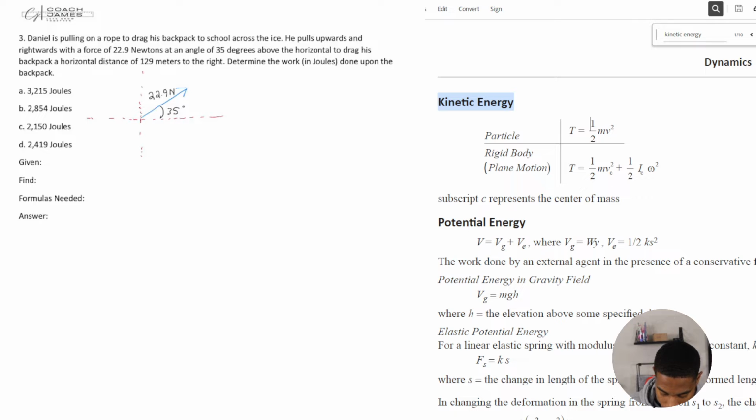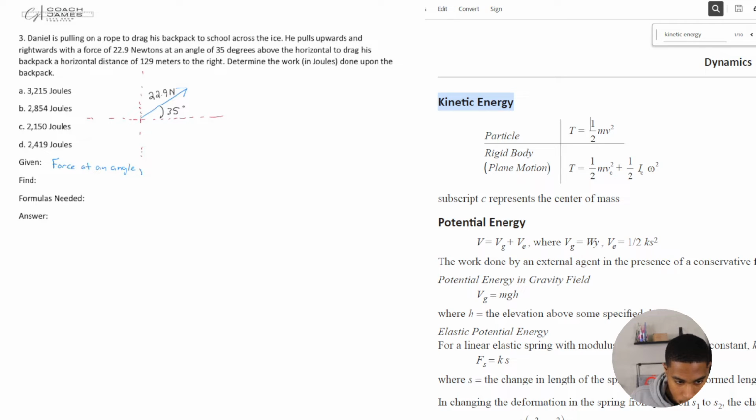All right. So what information are we given? We're given a lot of information, right? We're given some force. The force at an angle, right?